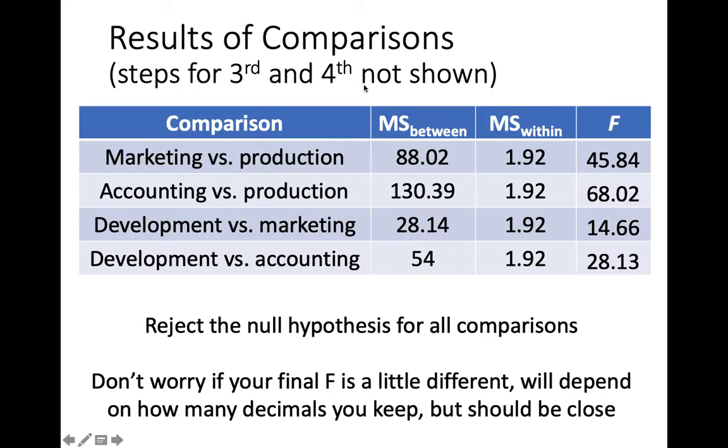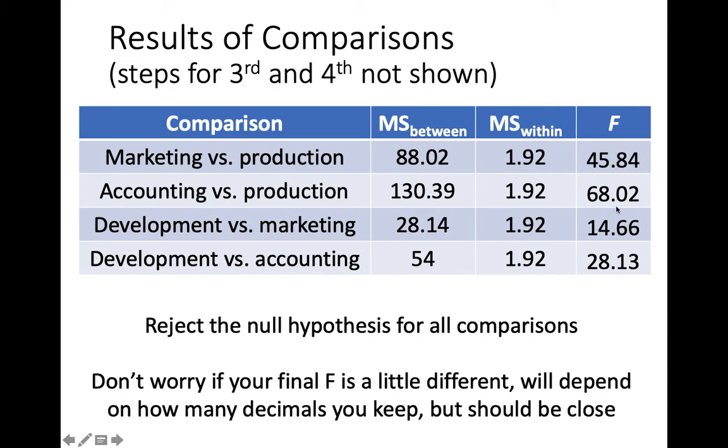So I haven't done the comparison 3 and 4, but if you follow that same procedure, you should get mean square betweens of 28.14 and 54 when you do comparison 3 and 4. We're always using mean square within of 1.92 for all of these comparisons. And then these are the Fs that you should get, within a little bit of rounding error, or your Fs might be ever so slightly different from this, just depending on how many decimals you kept in your calculations, and that's fine.